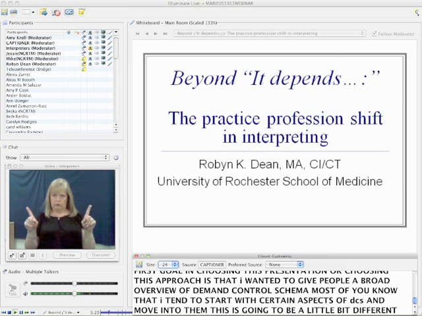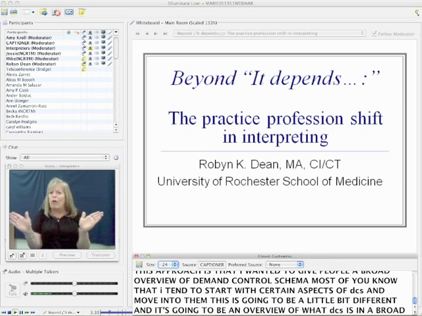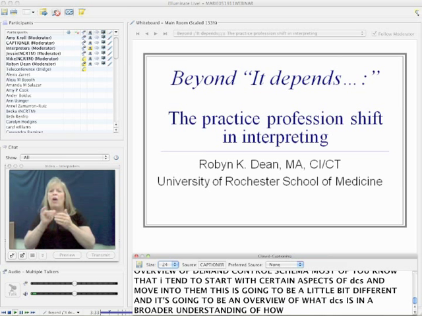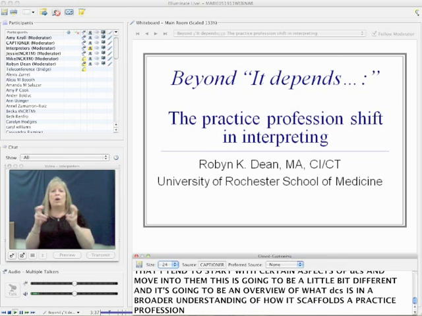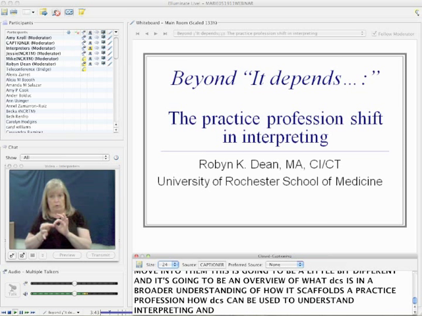It's going to be an overview of what DCS, demand control schema, is, in a broader understanding of how it scaffolds a practice profession. How DCS can be used to understand interpreting and to engage in interpreting and to model interpreting after a practice profession mentality.